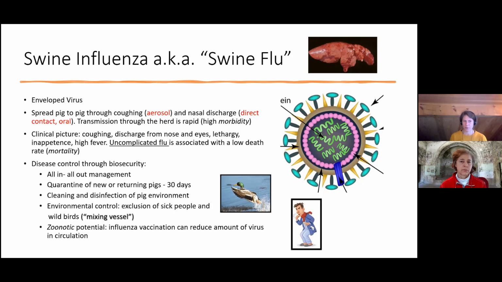SIV or swine flu is an enveloped virus. So this picture over here on the right illustrates that. There's this kind of brownish grayish layer here, and that's a fatty layer that covers or envelopes this virus.